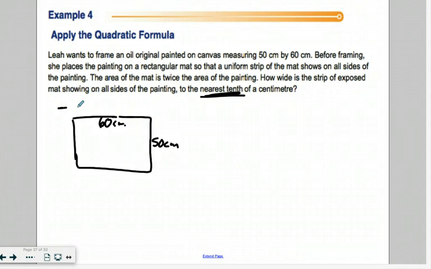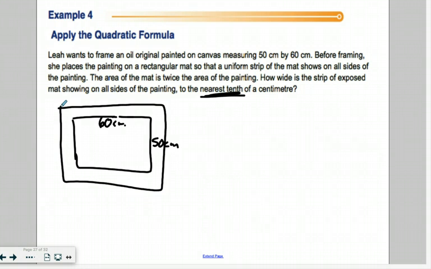So she's placing it on a slightly larger rectangle such that the amount of mat showing is the same on all sides. So like this length here is the same as this length here, is the same as this length here, is the same as this length here, right? Now we're being asked how wide is that strip. That's the variable that we are trying to solve for. So we're going to label that x.